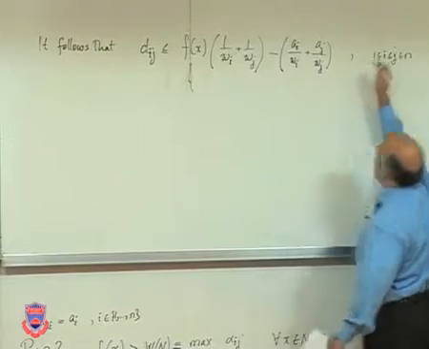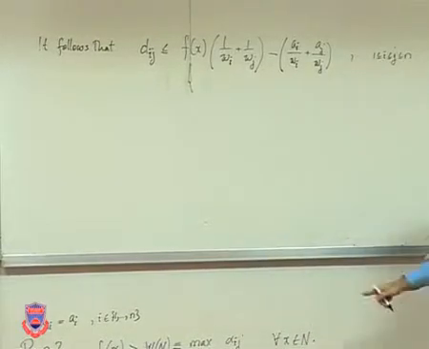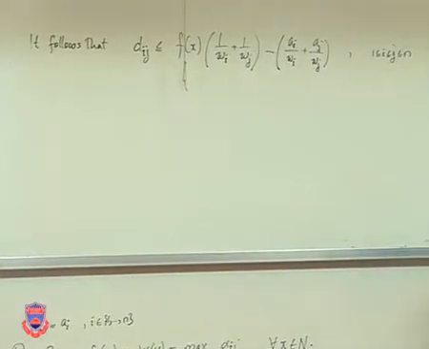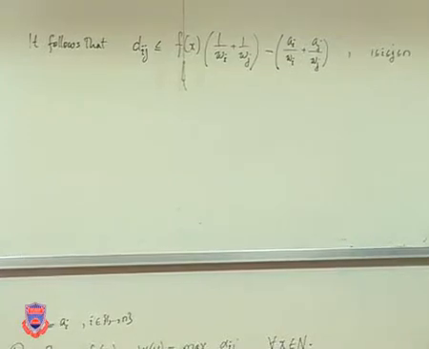I'm just rewriting that by removing the term in the middle, and I simply factored f of x out. That's all.